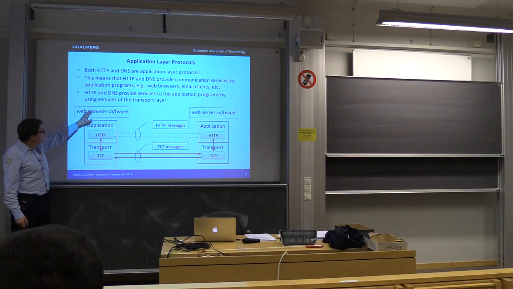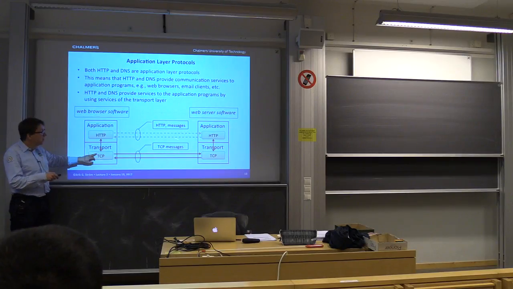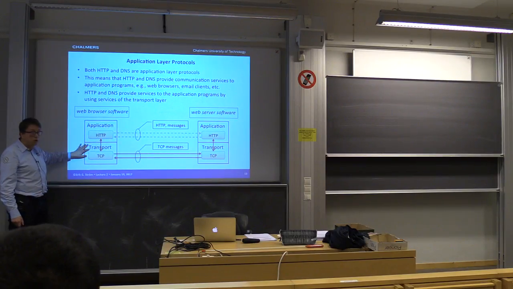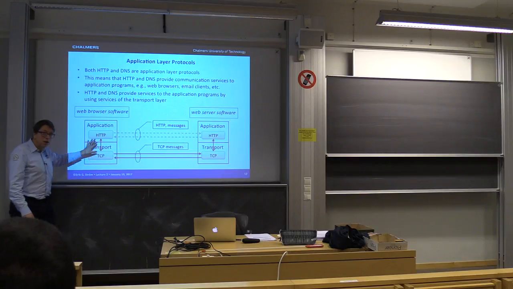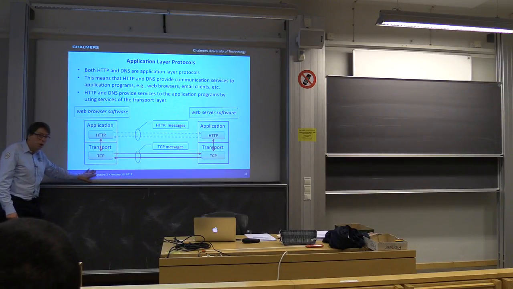Okay, so the request, this GET message here, is actually going over TCP using TCP messages. So TCP is in what's known as the transport layer, which is just below the application layer. So HTTP is using TCP in order to do its work. And then this continues.